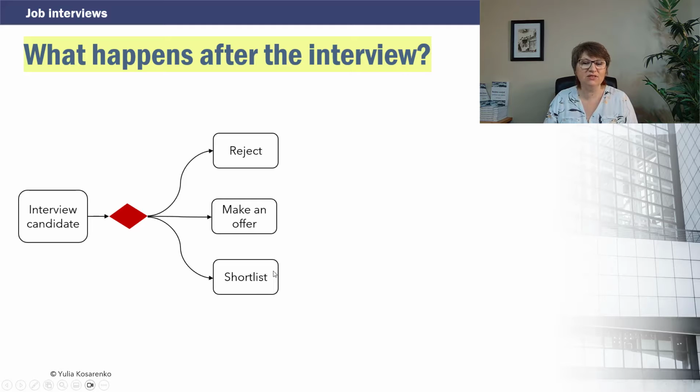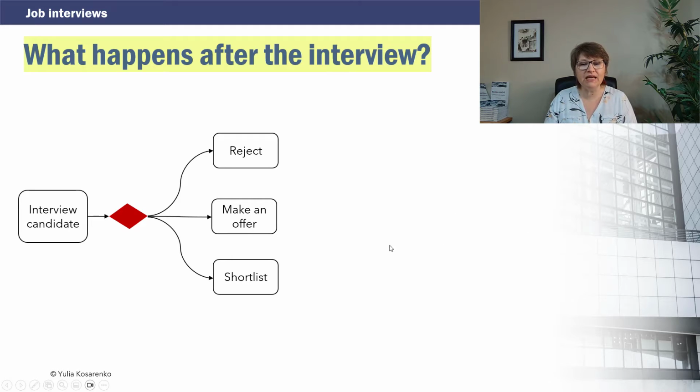The third decision is to shortlist you. That happens either if the hiring company planned in advance to have more than one level of interviews, or if after the first level of interviews, they are undecided and they would like to review a smaller number of candidates one more time, or perhaps have an interview with a different person.